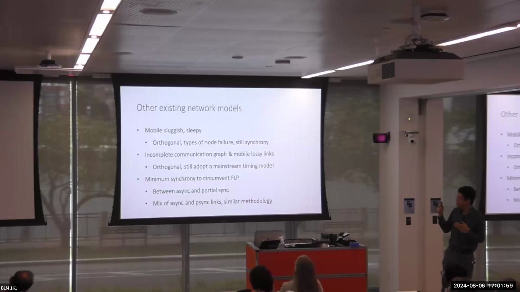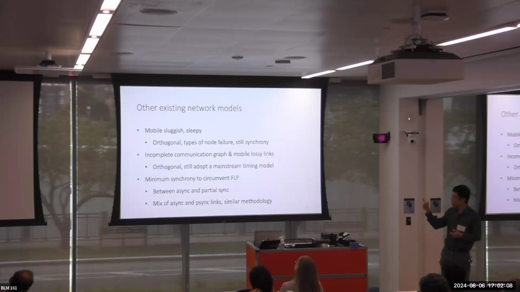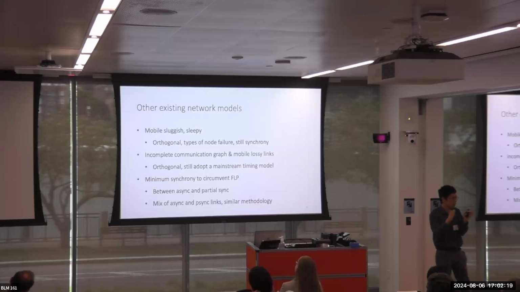Lastly, there are some works that study the minimum synchrony assumption to circumvent this FLP impossibility. So they will be models that fall between asynchrony and partial synchrony. That's not where I'm focusing. I'm mostly taking the position that even partial synchrony is too pessimistic.